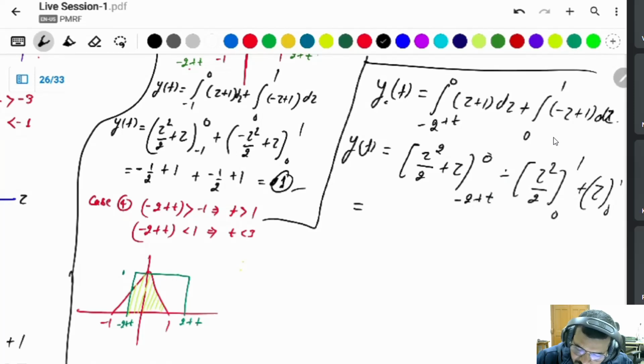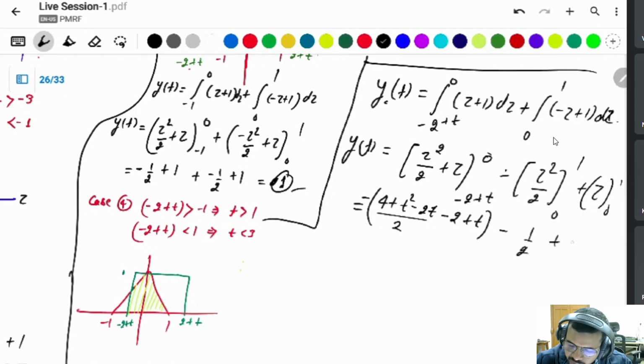Minus t plus 2 whole square over 4, plus t square minus 2t. Putting 0 to all of 0 negative, then minus of 2 by 2 minus 2 plus t, here 1 by 2 plus 1.